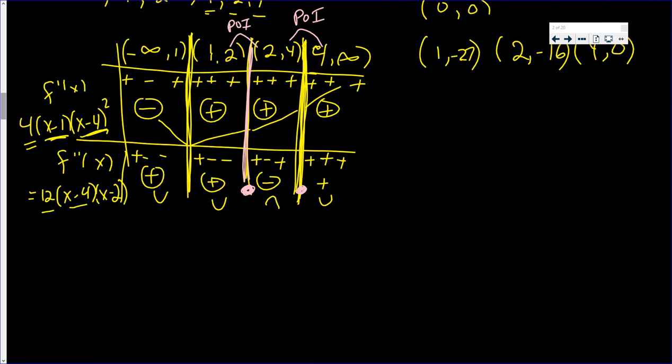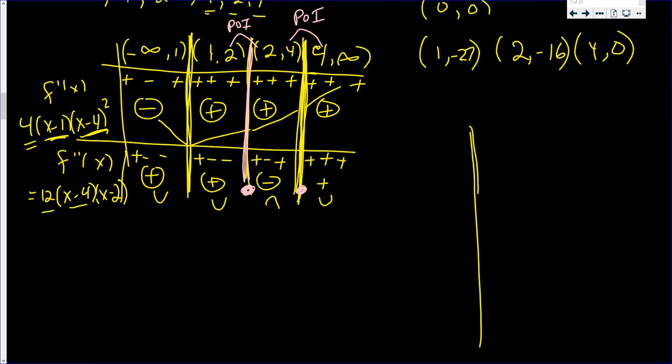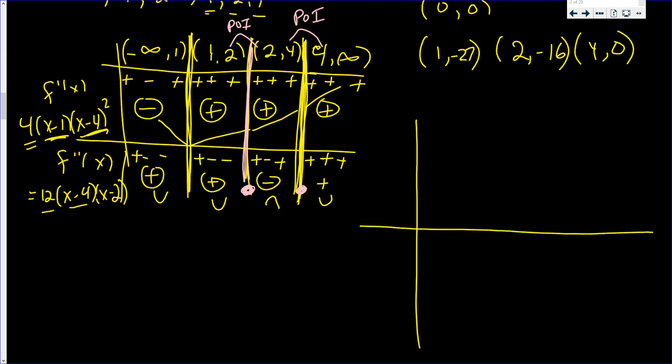All right, so now we plot these 4 points. And since most of the x's that we came up with are positive, I'll put the y-axis a little bit more to the left. So we have 1, 2, 3, and 4, and the x-axis.